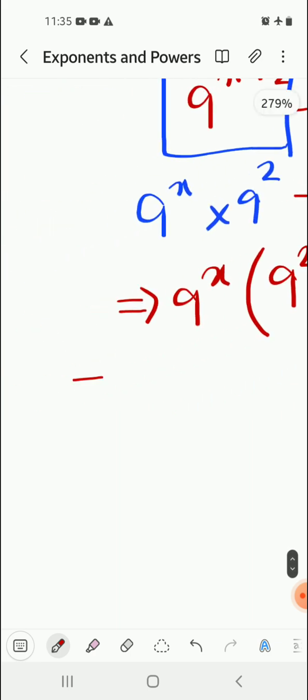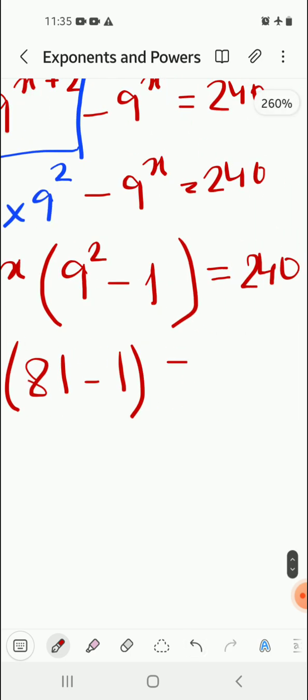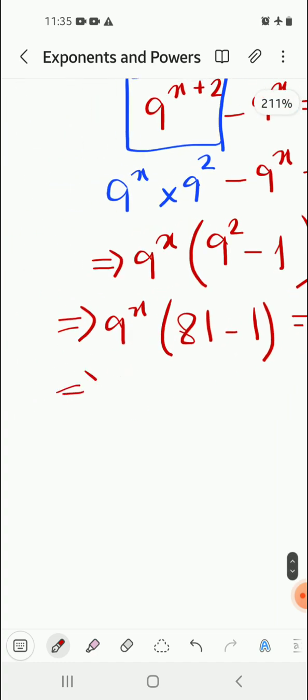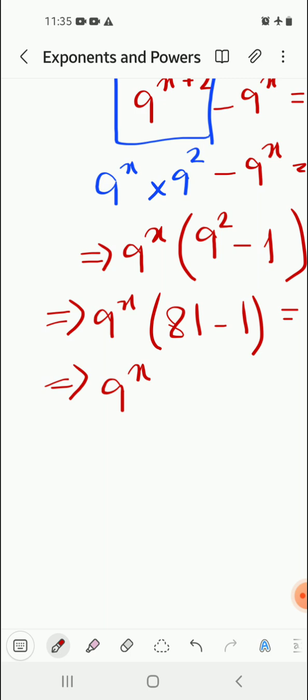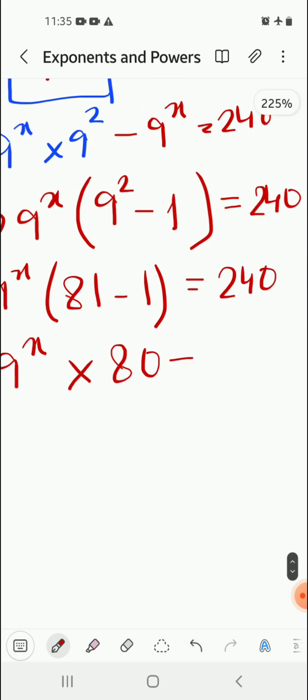Now 9 to the power x, 9 square becomes 81, minus 1 is equal to 240. 9 to the power x, 81 minus 1 is 80. Brackets and multiply mean the same thing, so I'm using multiply over here.